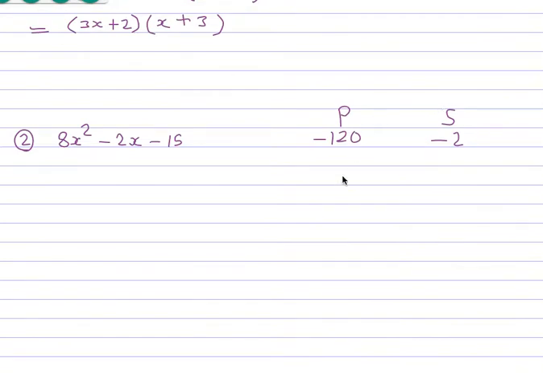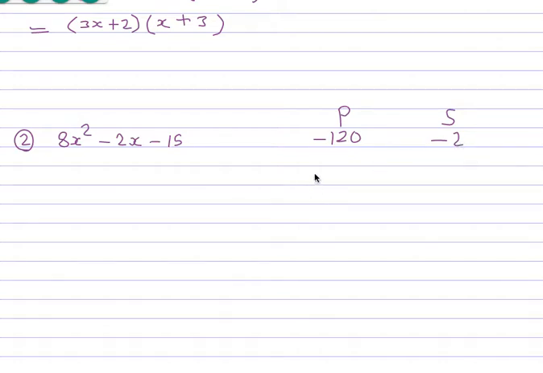So we choose two numbers whose product is -120 and sum is -2, and both are of different sign, and the larger one is negative. There are many choices for 120 because it has so many factors, but what is the difference?